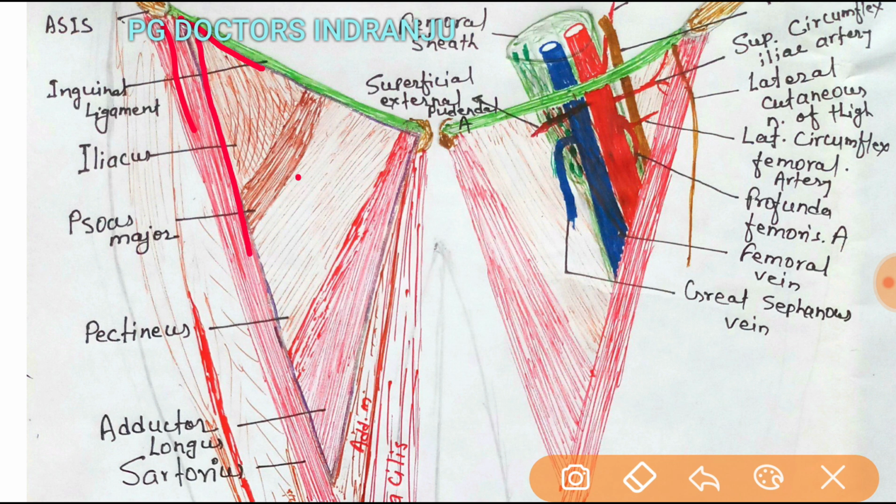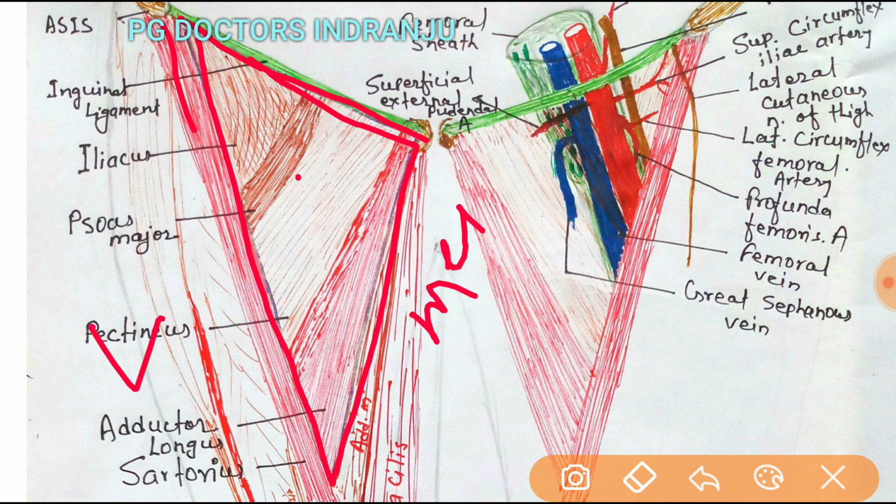This triangle looks like that. Here this is a triangular structure. So according to the diagram, this is the medial border, the lateral border, the base region, and here it is the apex.